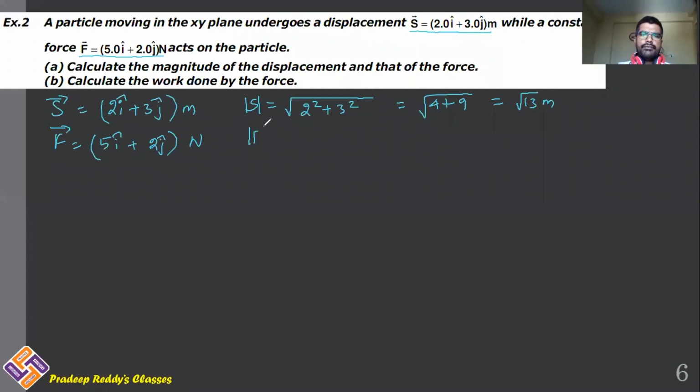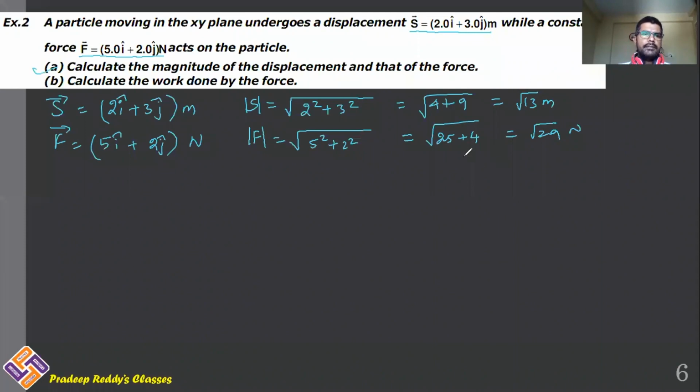And the magnitude of the force is equal to under root 5 square plus 2 square, which is 25 plus 4, root 29 Newton. That is the first question.